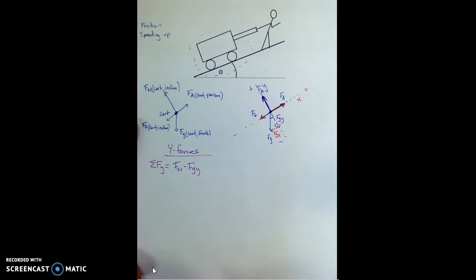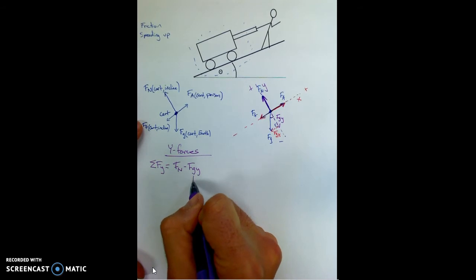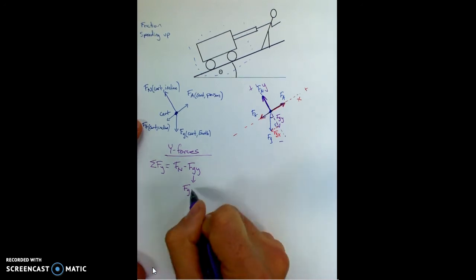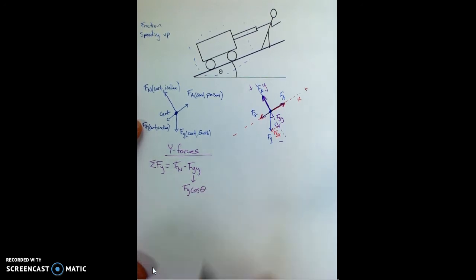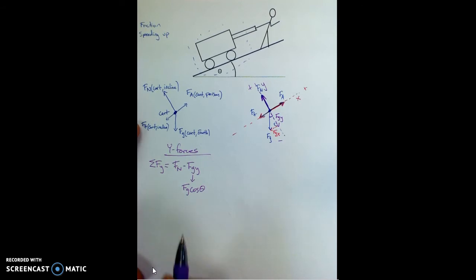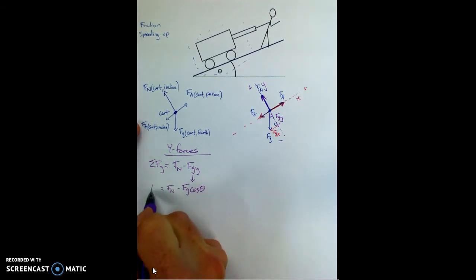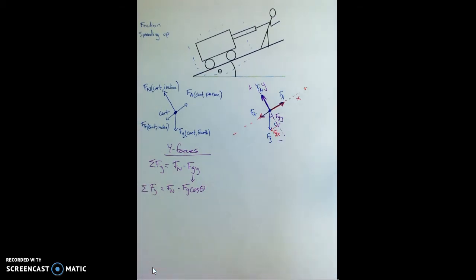So we have, changing this into FG times cosine theta. And I can fill in the rest of that equation. Fn equals, so now I've got my final equation for the y forces.